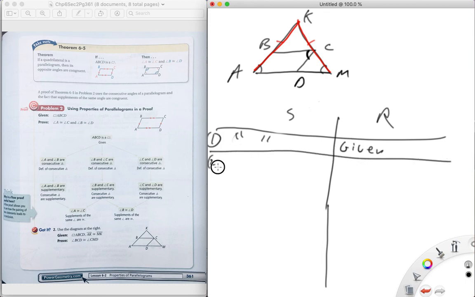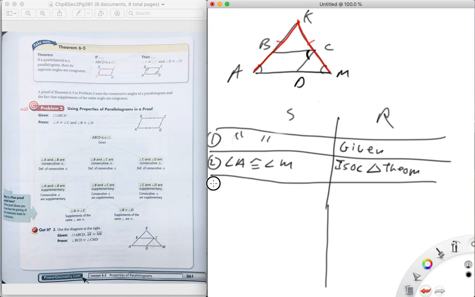So first thing we start is our given. Next thing I'm going to say is that angle A is congruent to angle M because of isosceles triangle theorem, or base angles theorem. And I'm going to say that angle A is congruent to angle C because of theorem 6.5.